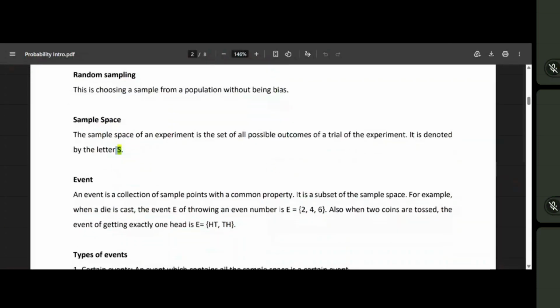Events. An event is a collection of sample points with a common property. So, for instance, we are talking about a Ludo die, and we have the numbers 1, 2, 3, 4, 5, 6. Then I say I'm interested in even numbers. Then you tell me 2, 4, and 6.